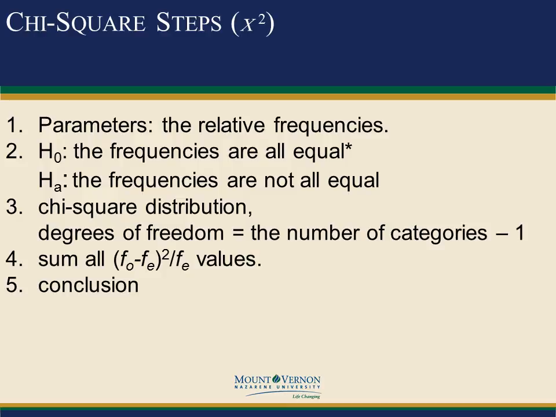Add those up, and you'll get the chi-squared statistic. And finally, the conclusion is basically the same as it has been with all of our hypothesis tests. If the p-value is above your alpha level, which is usually going to be 0.05, then you accept the null hypothesis, and if the p-value is below the alpha level, you reject the null hypothesis.